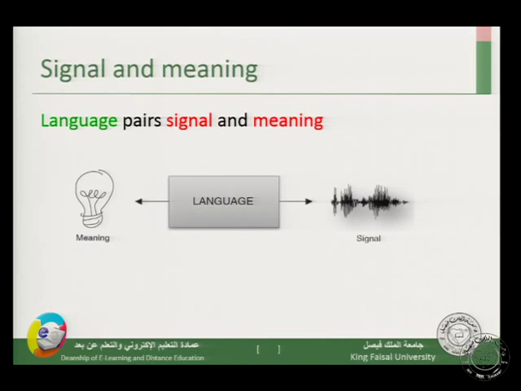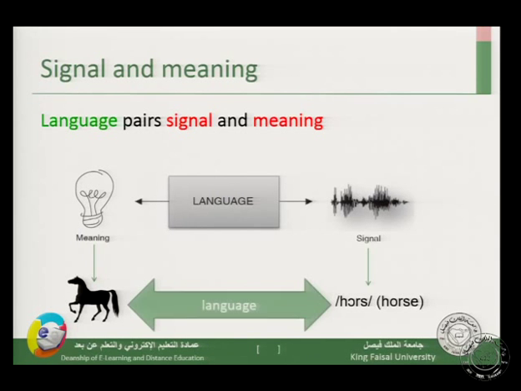So let's look at the example we have in the slide. We have the signal horse, as we can see in the phonemic transcription. So this is the signal for the word. What does it mean? It means the horse, which we can see its image now. What we have in between is language.